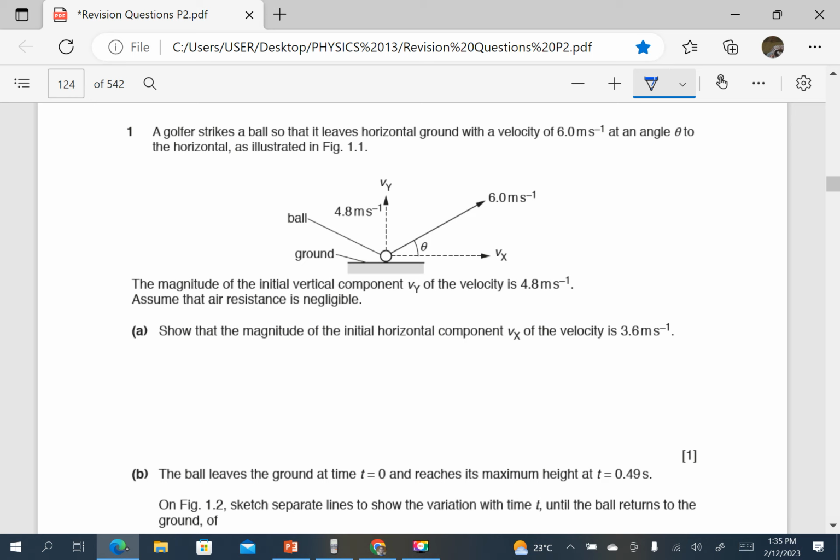Okay. So first of all, we can even use Pythagoras theorem, but first we notice that when we resolve 6 to the horizontal, Vx is going to be equal to 6 cos theta, then Vy is 6 sine theta.